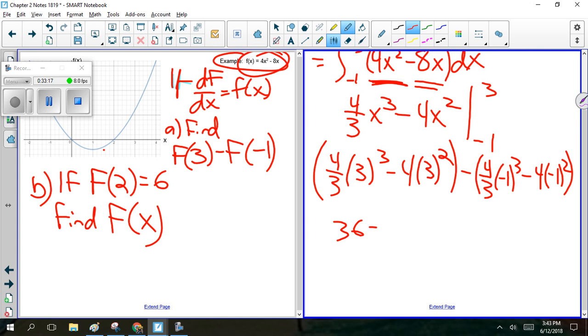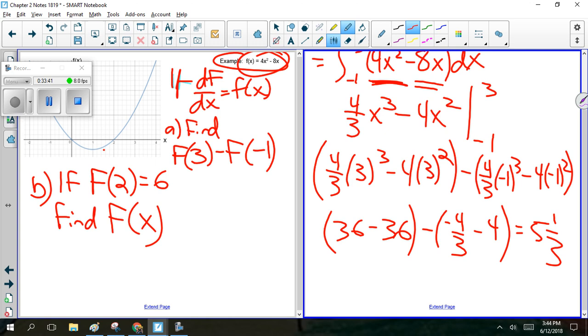Really? Do you get that? Yeah, you do, don't you? Look at that. So that's all 0, minus 4/3, so that's -4/3, right? Because -1 cubed gives you -1. -1 squared, so minus 4. So this is, what is that? 5 1/3. All right, so there you go. So that's part A.